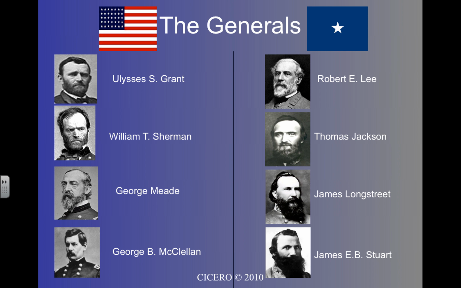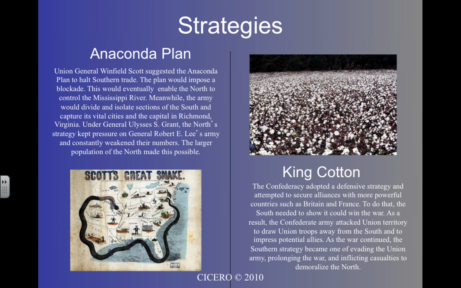But once he was killed, he was actually shot by one of his own men, the leadership on the southern side became much weaker. Then rounding out here, you have George Meade, you have James Longstreet, who fought in several important battles, and J.E.B. Stuart, who also fought on the side of the Confederacy in many important battles.